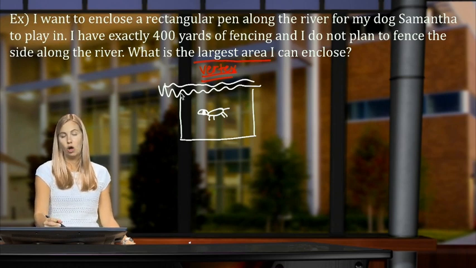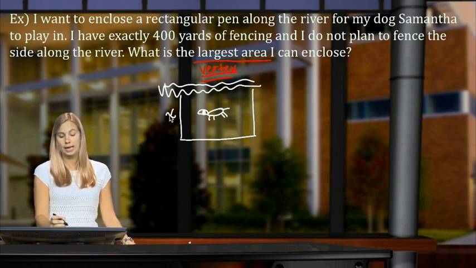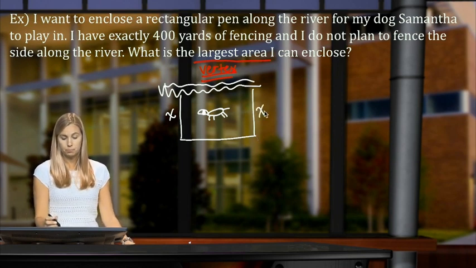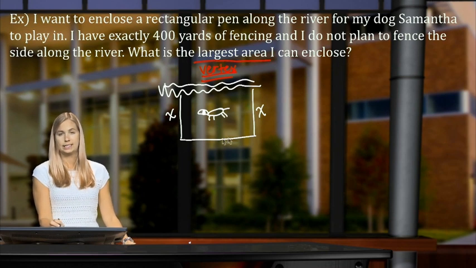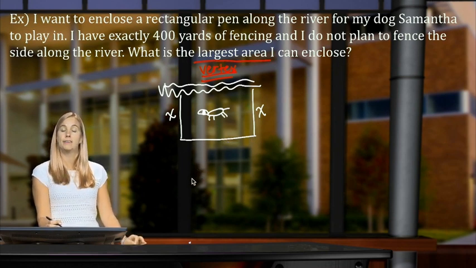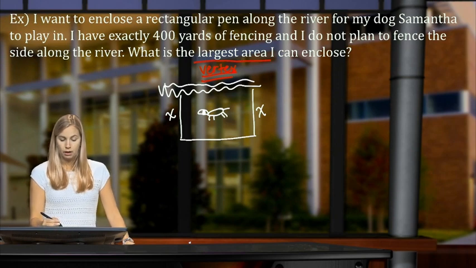Do I know how long this side of my pen is going to be? Nope. So I'm going to call it x. Since it's a rectangular pen, I know that this length is the same as this length, so that's also x. But how long is this side? I don't know that either, but I don't want to use y because I can't have too many variables. So let's think about our restriction of 400 feet, or 400 yards, excuse me.